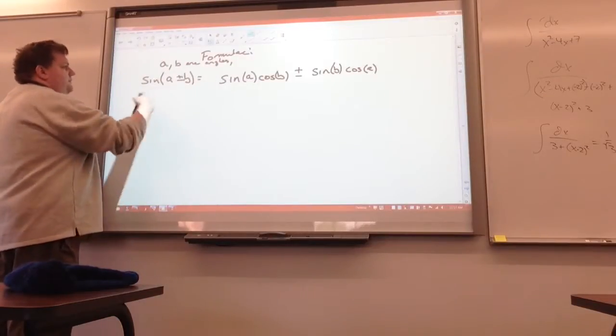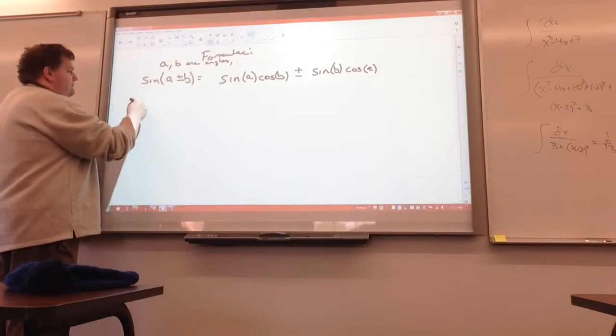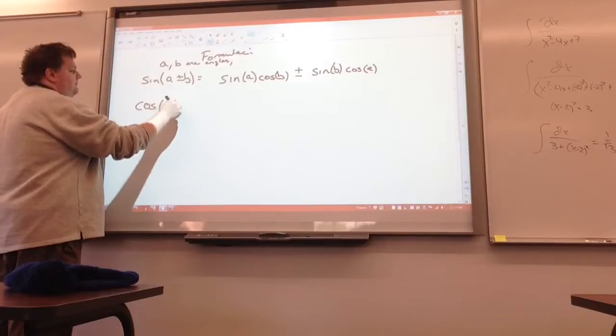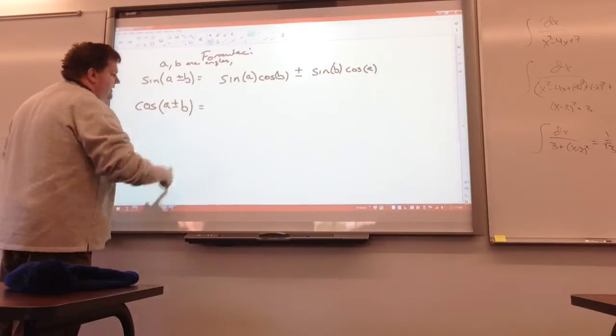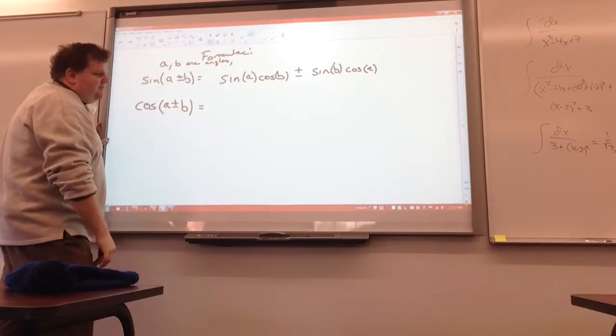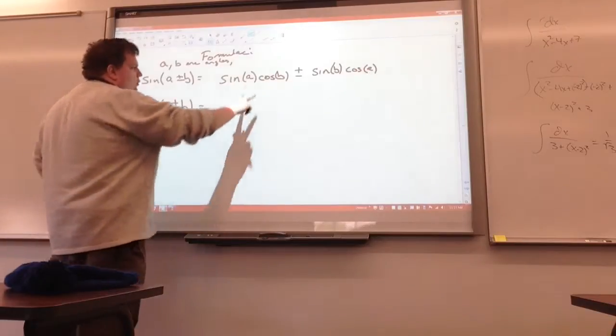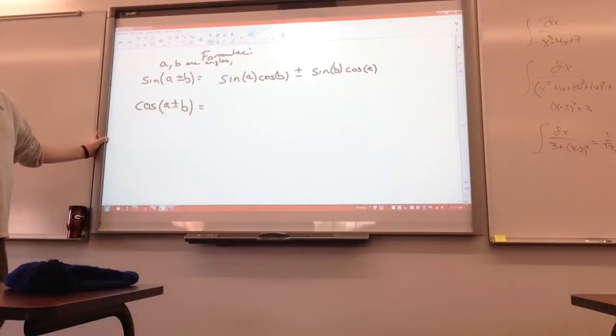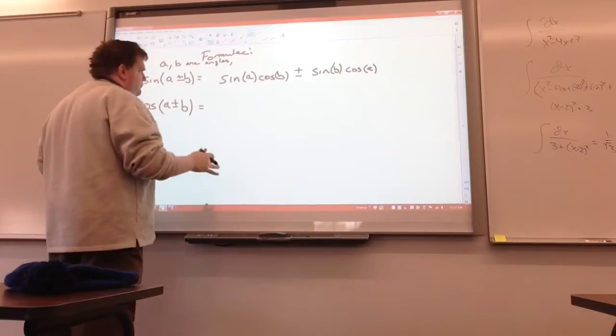So this is the one for the sine. The formula for the cosine is very similar. It's cosine of A plus or minus B. The big difference here, though, is that we don't flip-flop the angles.